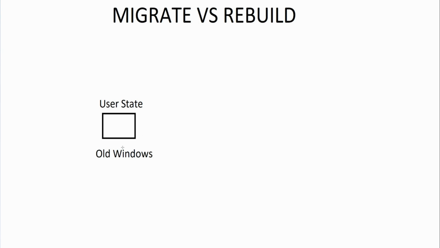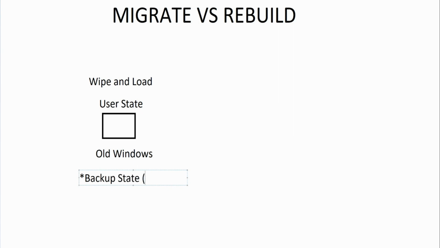Now, if you're going to keep this older machine, you're not going to be getting a new machine. You're just going to keep the older machine and put a new version of Windows on there. Then that would be known as a wipe and load migration. Wipe and load. All right. So the idea would be you're just going to be backing up the user's data. So we'll back up the state.